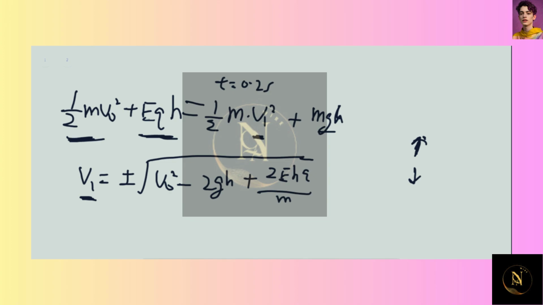Since we already have the value for v1, we can utilize the relation v1 equal to v0 minus a times t, because the acceleration is a constant, and the acceleration here, a equals mg minus eq over m.